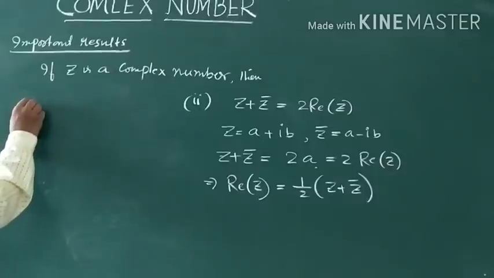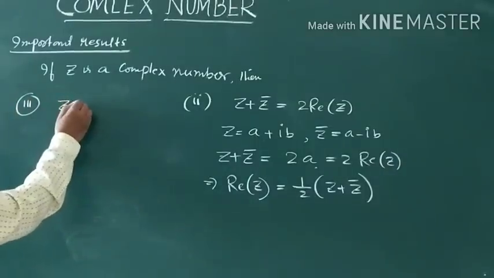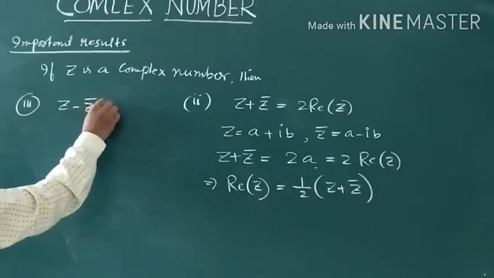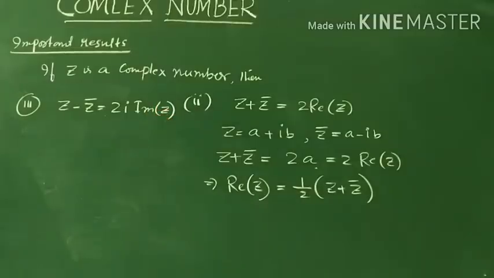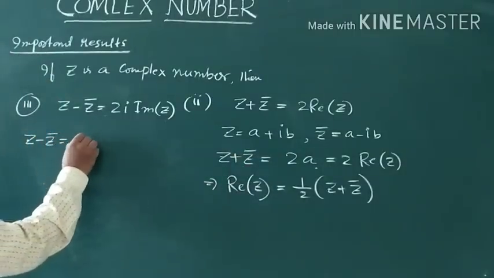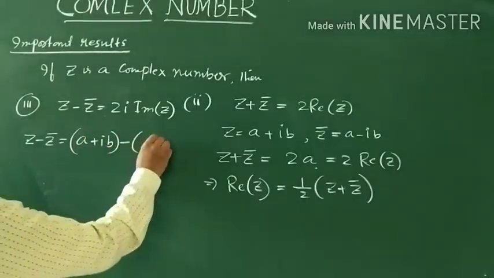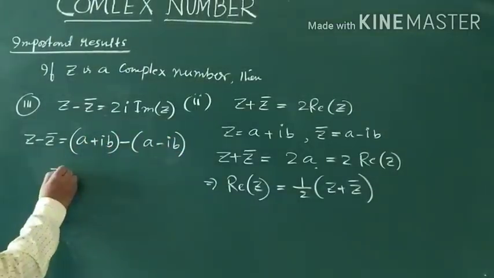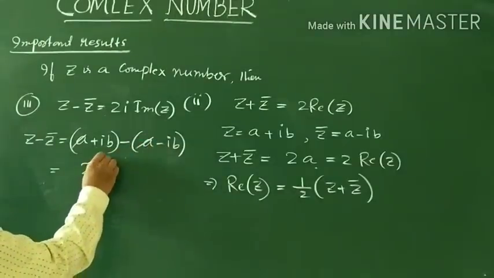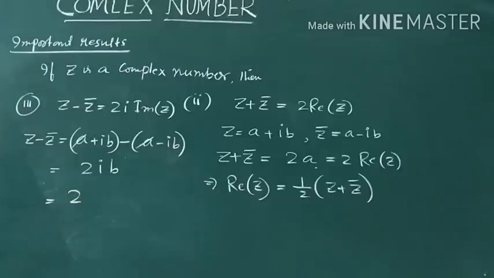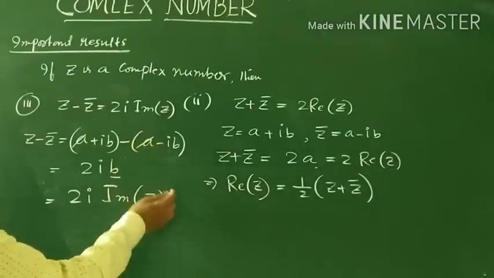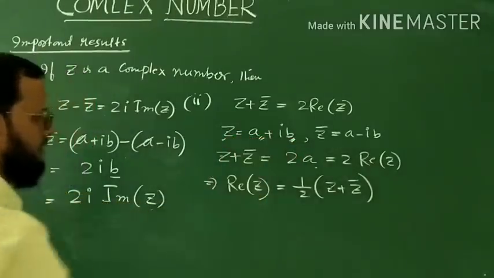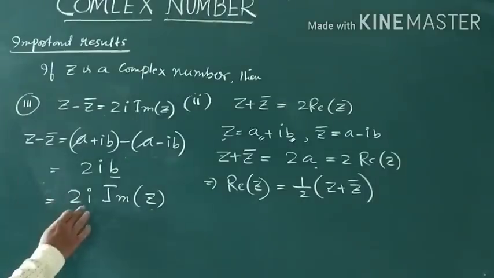Number 3: z minus z bar equals twice i into imaginary z. See the same result by subtracting: z minus z bar is a plus ib minus a minus ib. The a cancels, and ib minus of minus gives plus, so it equals 2ib, which can be written as 2 into i into b. b is called the imaginary part of the complex number z, and a is called the real part of z. So z minus z bar is equal to twice i into imaginary z.